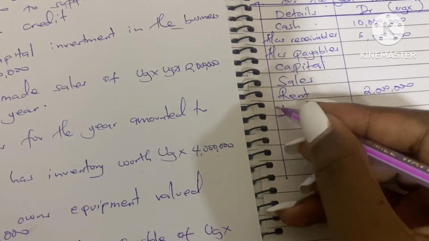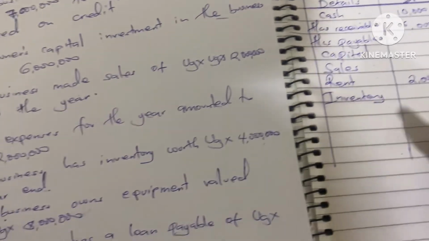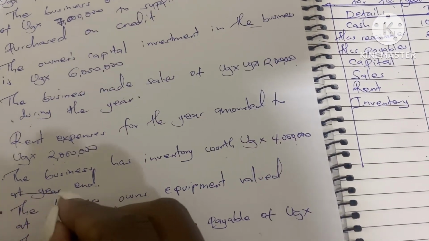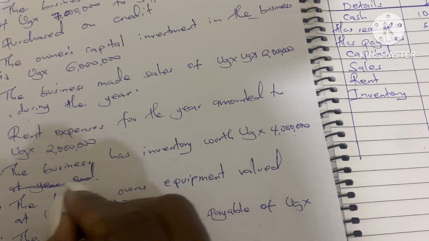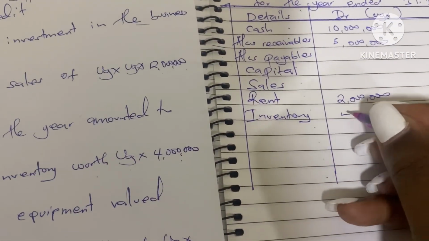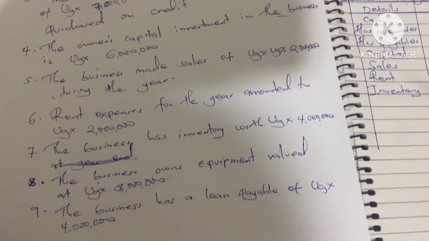It is a current asset, so we write inventory. The business has inventory of 4 million. So that is 4 million.